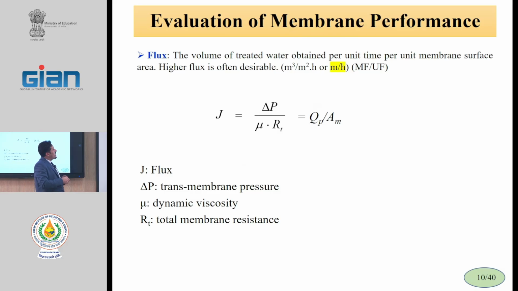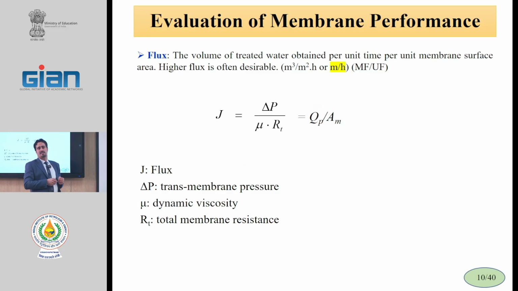You see that when we increase the pressure, the flux, the permeability, will be increased. But with an increase of viscosity, the flux will be reduced, and we have a membrane resistance.